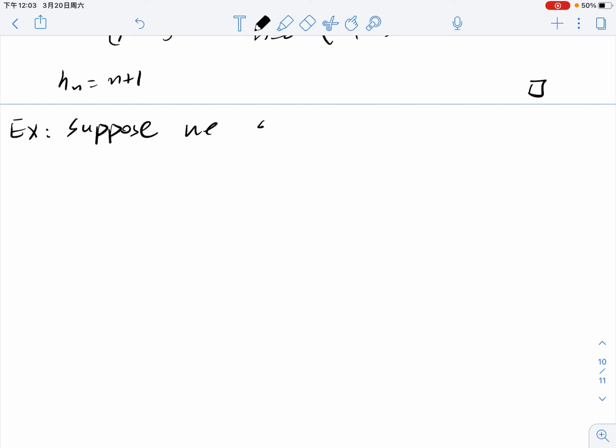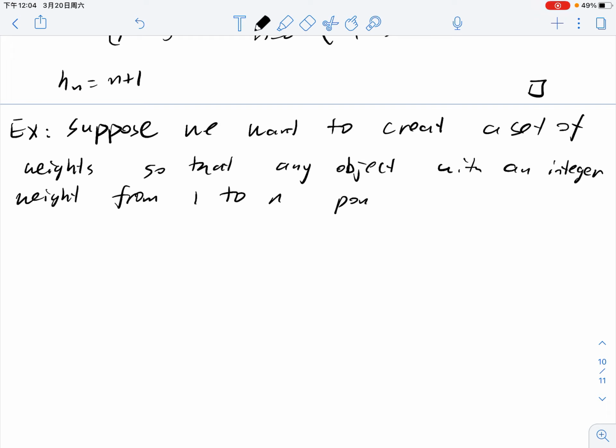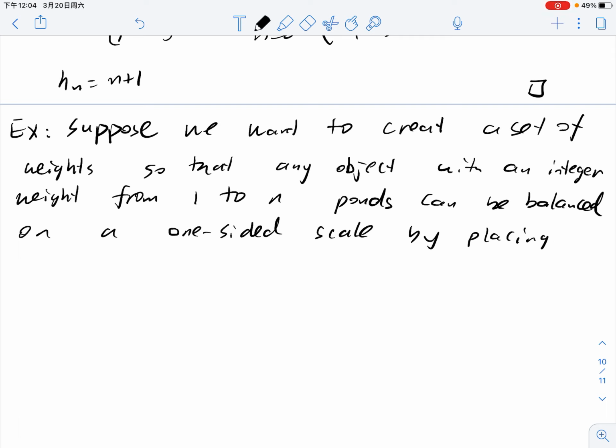So suppose we want to create a set of weights so that any object with an integer weight from 1 to n pounds can be balanced on a one-sided scale by placing a certain combination of these weights.